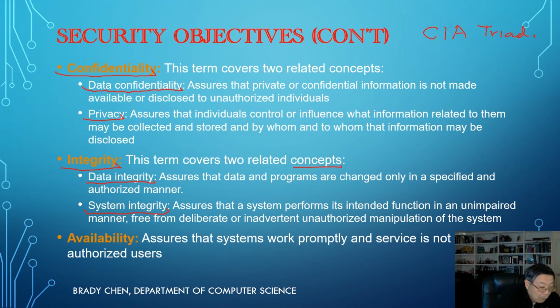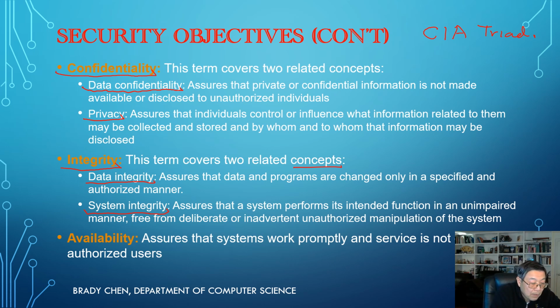System integrity assures that the system performs its intended function in an unimpaired manner, free from deliberate or inadvertent unauthorized manipulation of the system. So the system should perform whatever it is supposed to perform.